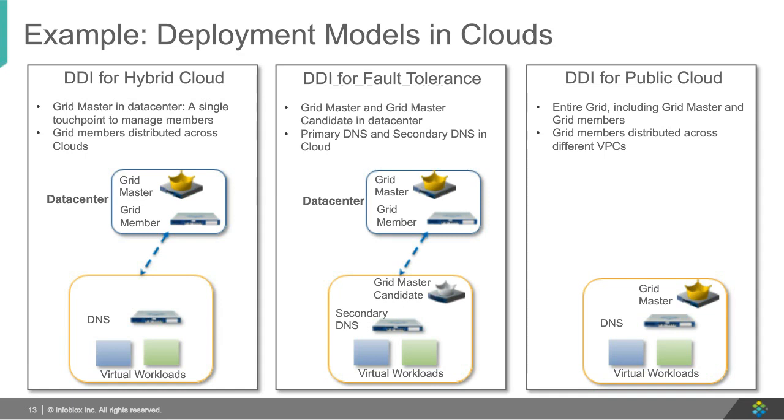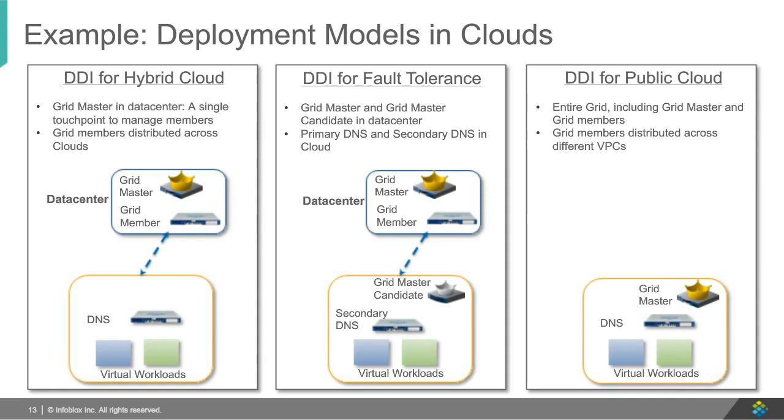And then you have some workloads on the public cloud. So a typical deployment model here could be you run our Infoblox grid master on-prem, and then you have another grid member running on the public cloud that will take care of DNS, DHCP, depending on the type of deployment you have.